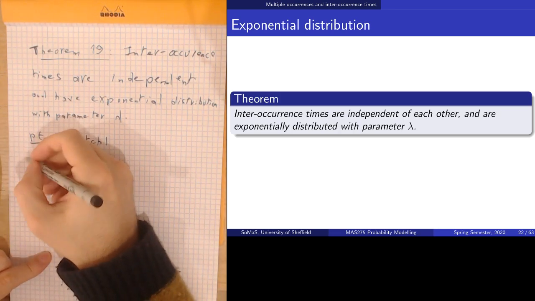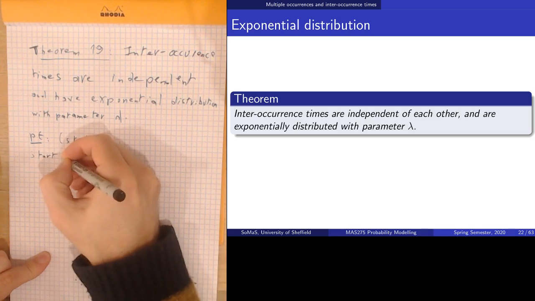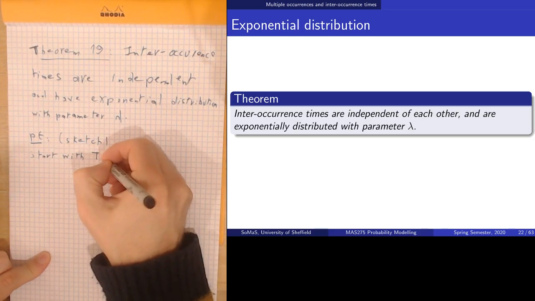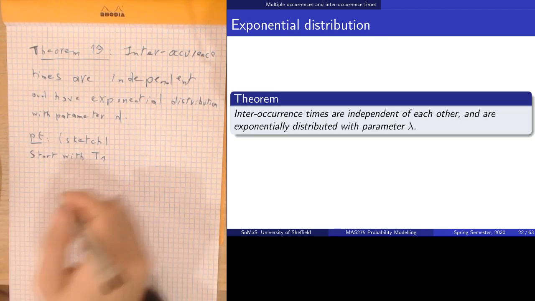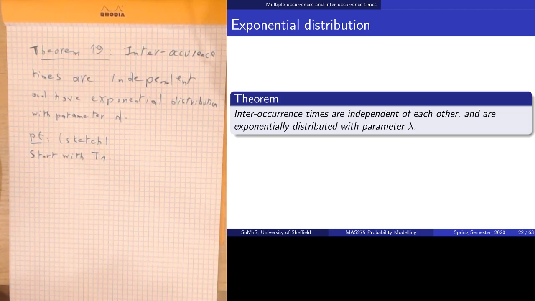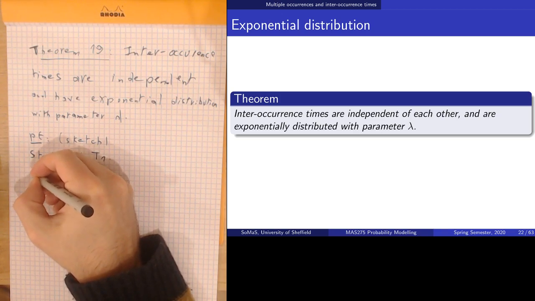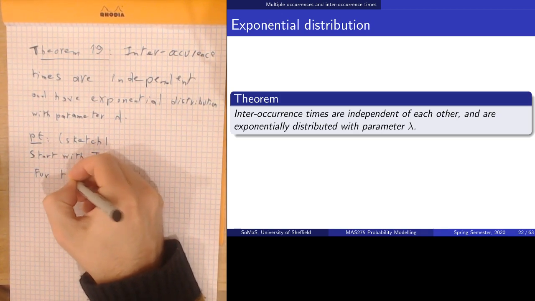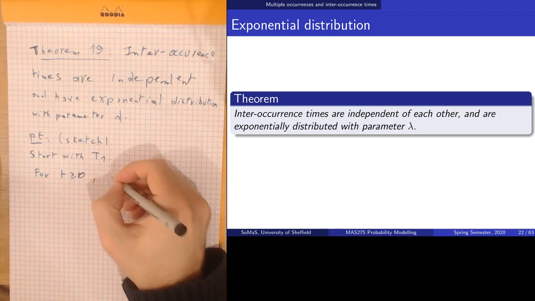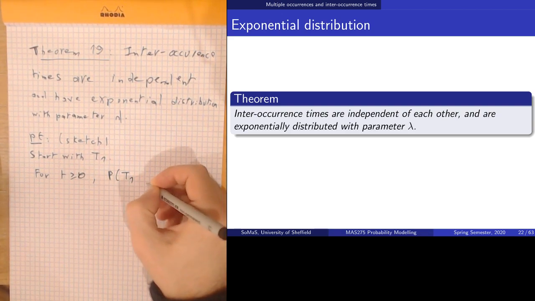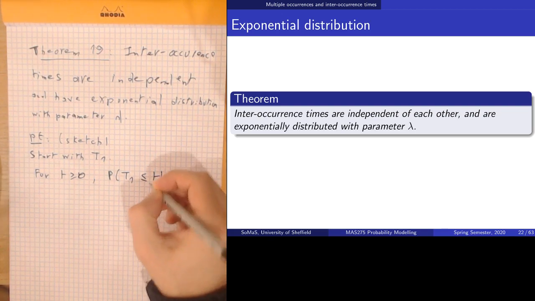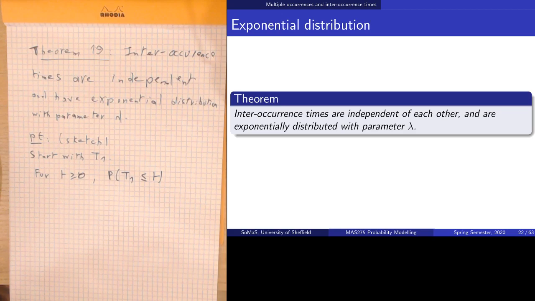Okay, let's start with T1. We're going to show that T1 has distribution exponential with parameter lambda. To do that, let's compute, for a positive real number t, the probability that T1 is smaller than t. So what is the distribution function of T1? I said bigger, but I wrote smaller. Let's go with smaller.